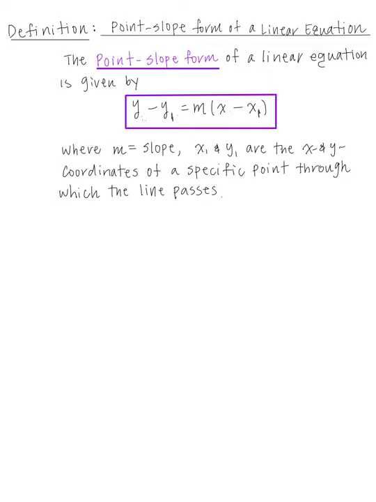So it's y minus y1 equals m quantity x minus x sub 1, where m is the slope, and x sub 1 and y sub 1 are the x and the y coordinates of a specific point through which the line passes. Now from here, as long as you're given the point and slope, you should be able to write y equals mx plus b by just solving for the variable y right here.